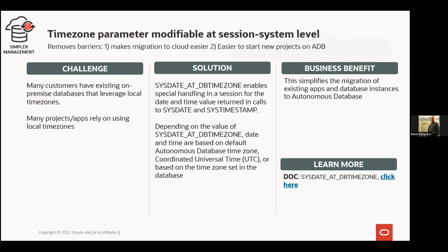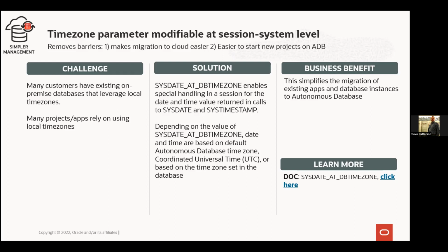So for quite some time, we've had the ability, at the system level, to run this command called alter system set sysdate at DB time zone, which essentially allows you to control whether it's UTC based, which is the standard, or a time zone of your desire, right? And obviously there are other functions like current date and current timestamp, which already use the database time zone, but a lot of people have written using sysdate and systimestamp, which automatically point to the operating system. So this overrides that.